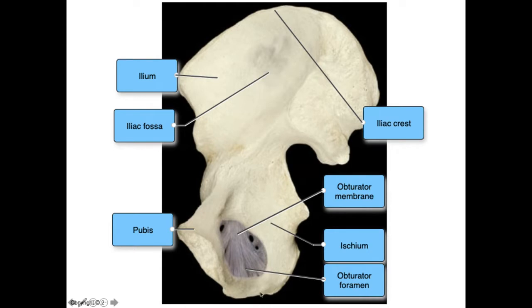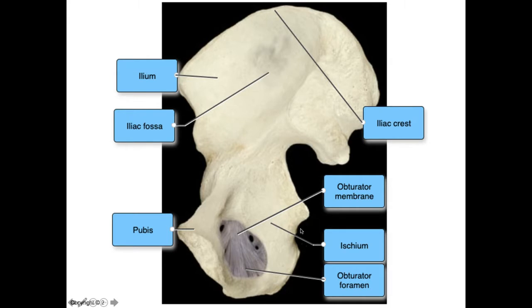Here's the ischium and the ischial tuberosity, this roughened part right here. This is called the ischial spine. Significant. Ischial spine separates the greater sciatic notch from the lesser sciatic notch.